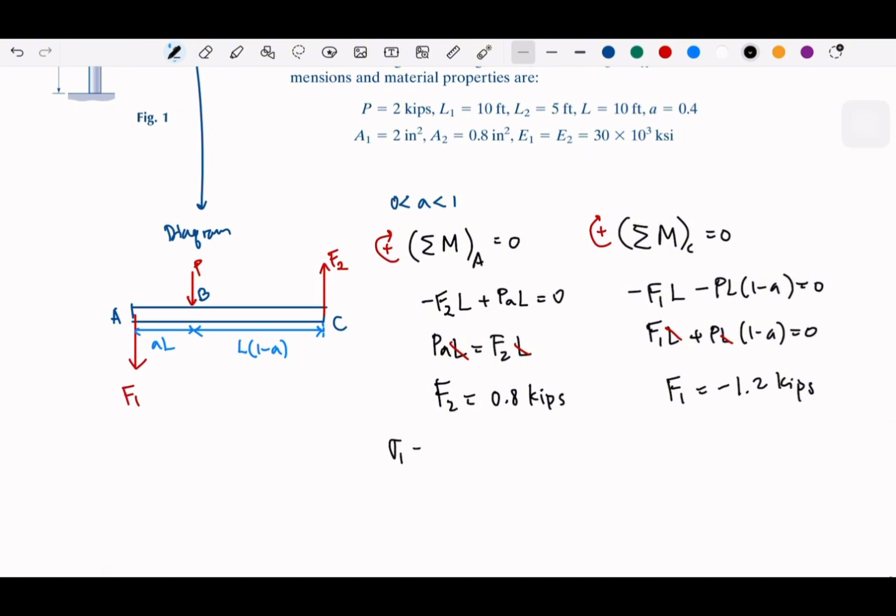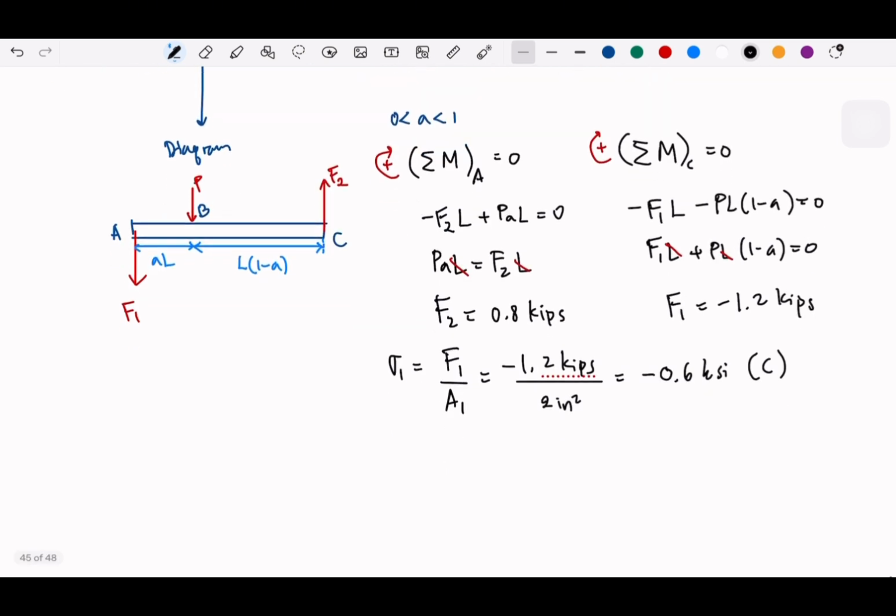And we get the sigma, F1 over A1. This will be negative 1.2 kips over 2 inch squared, which gives you the KSI. And since it's negative, this is compression. So every time you have the stresses, don't forget to state whether it's tension or compression.